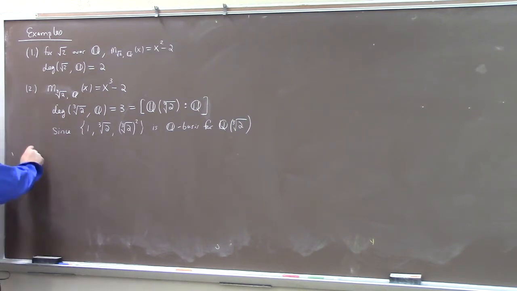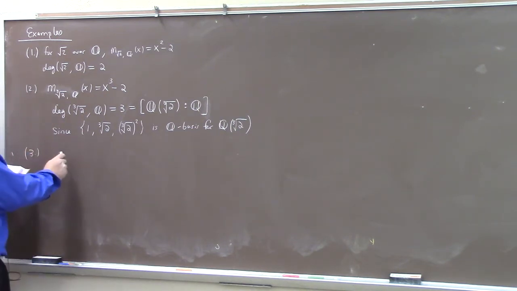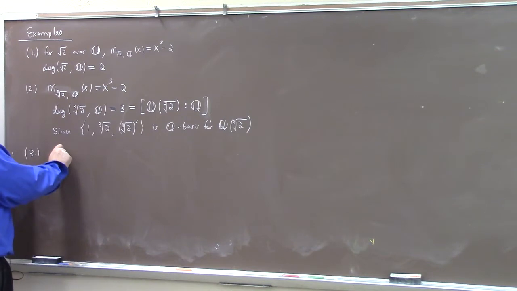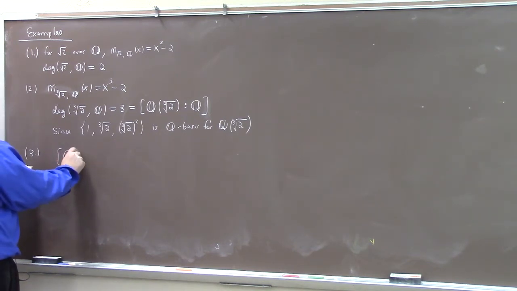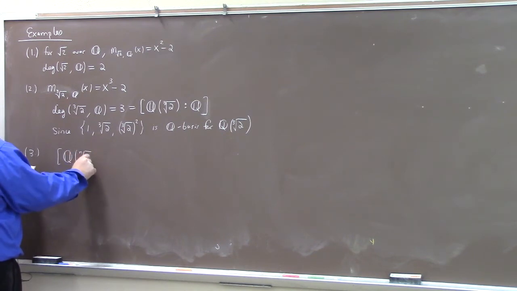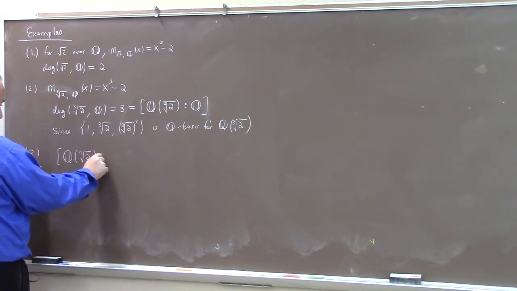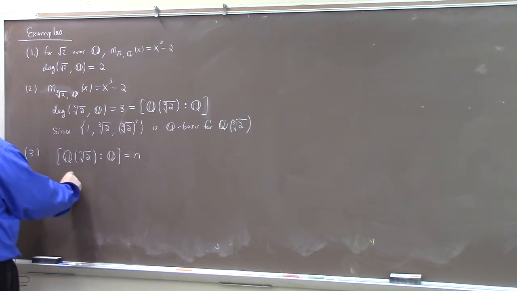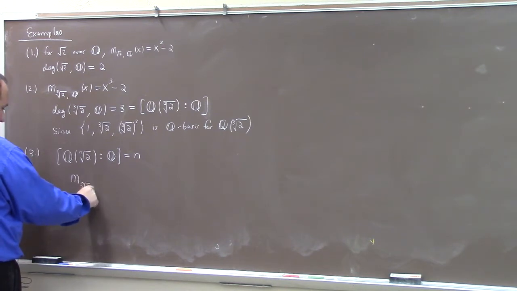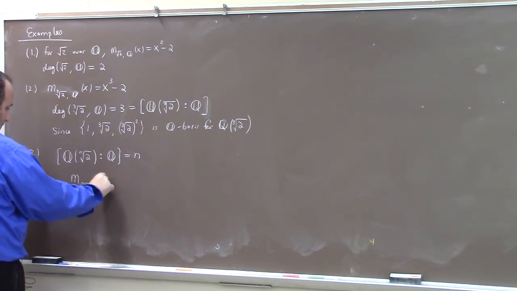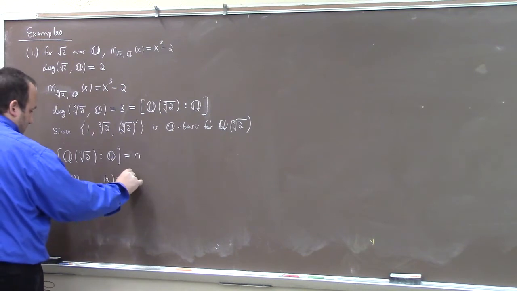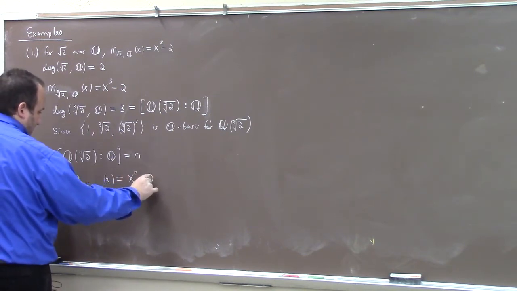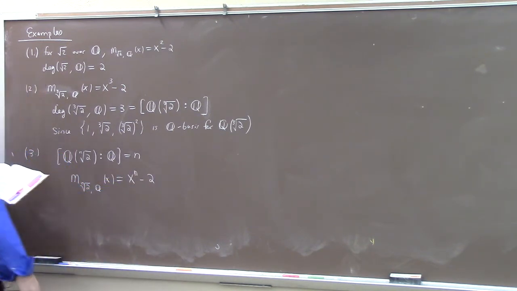Then his third example is, likewise, you can see that the degree of Q adjoin the nth root of 2 over Q is equal to n, because it's easy to see that the minimal polynomial of the nth root of 2 with respect to Q is just given by x to the n minus 2, which again is irreducible by the Eisenstein criteria.